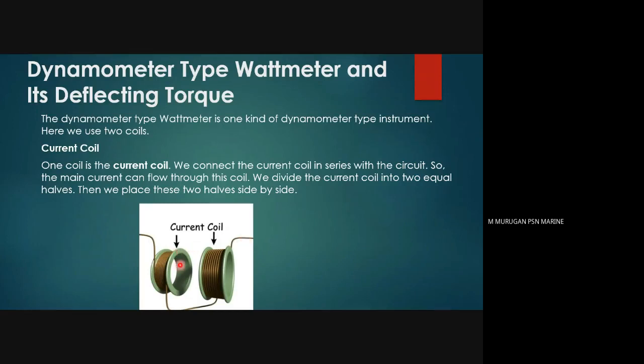Here that coil is divided into two separate parts and those are also connected in series. One end is connected to the other end of the coil, then the other end is connected to some other end of the coil, meaning the elements are in series connection.